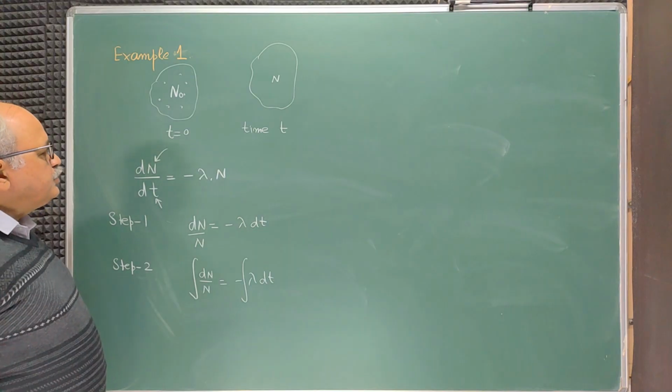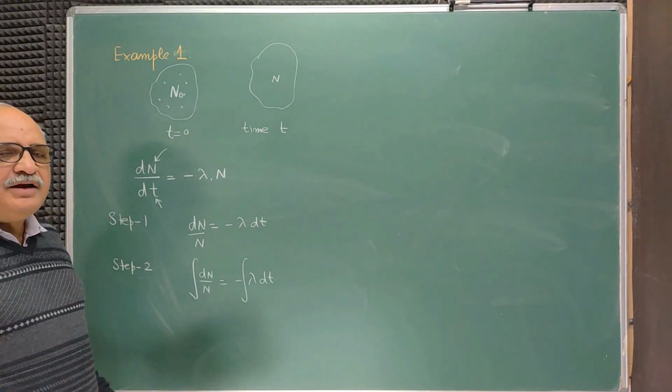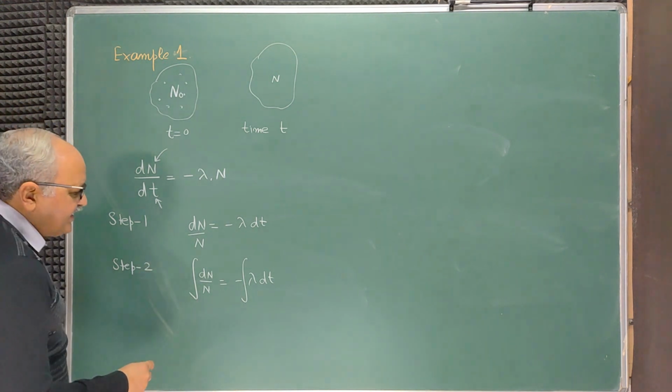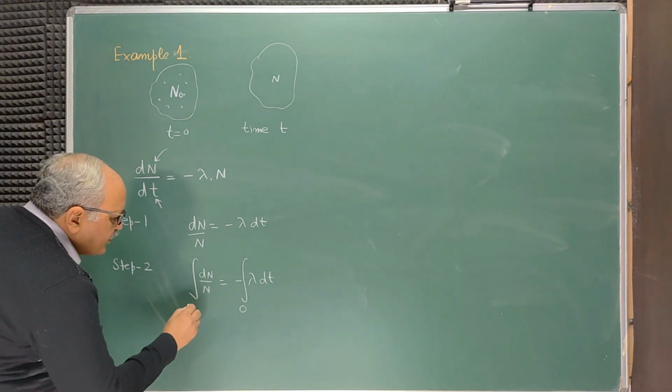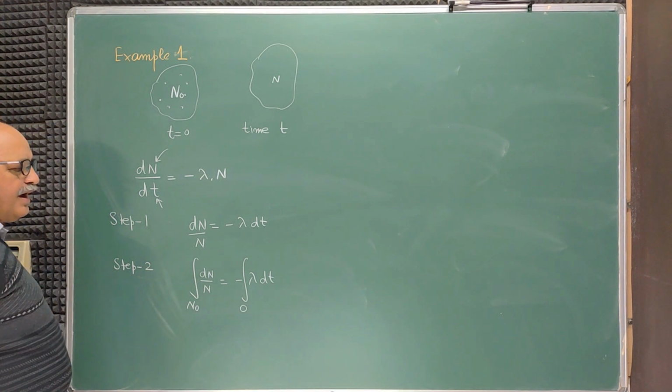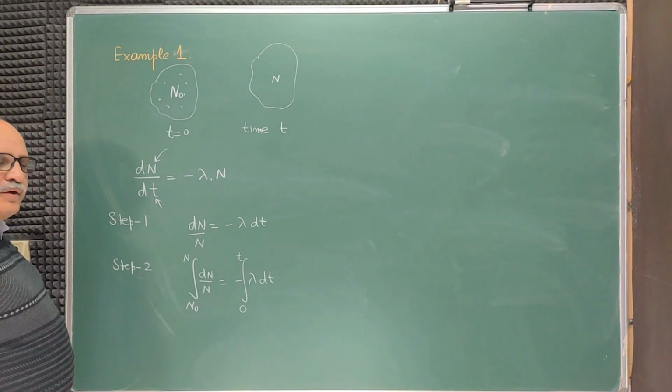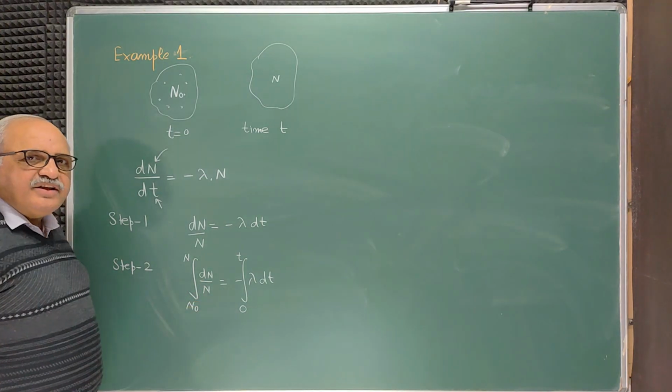In order to fix up the limits, sometimes the limits are given and sometimes they don't give limits. But in this case, it is said that at time t equals 0, the number is n0, and at time t, the number is n. So let's do the definite integration.